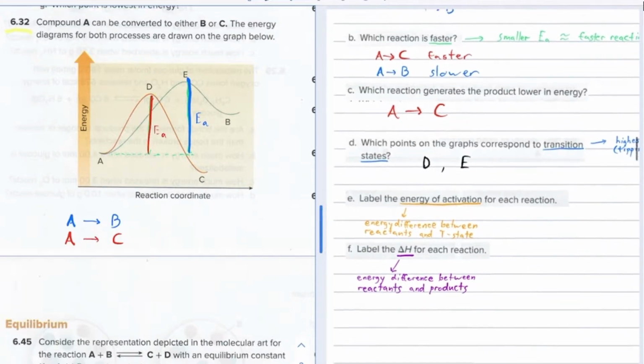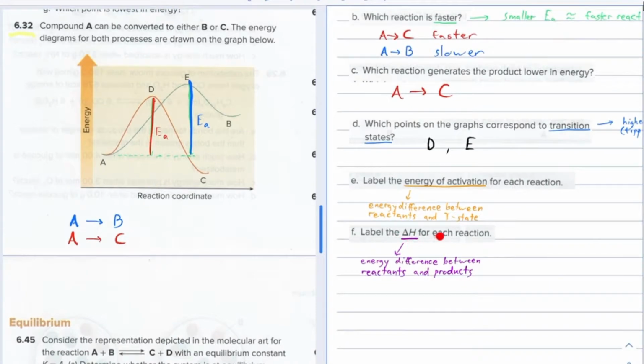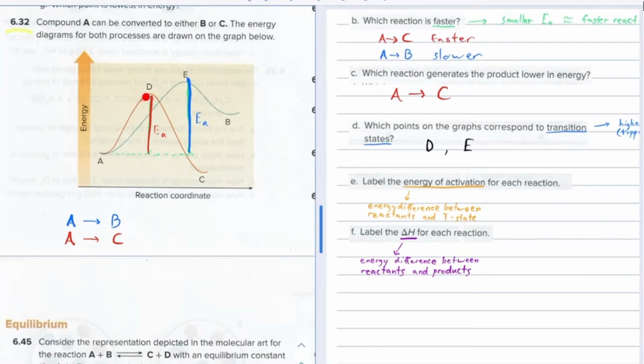The last one, F, label the delta H for each reaction. What the delta H is, this is the enthalpy change of the reaction, and this is going to be the difference in energy between the reactants and the products. Okay, so not between the reactants and the tipping point, it's going to be the energy difference between the reactants and the products.